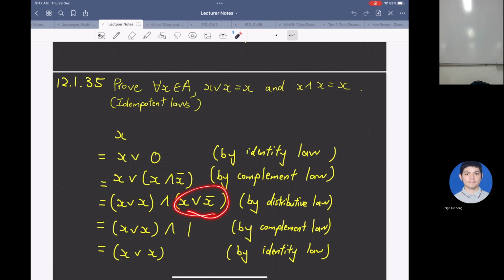Then you can see that one of the terms gets simplified using the complement, and you're left with X or X. So from one X, you can create another X, just using the identity 0, 1. So you need to play around with the zero.